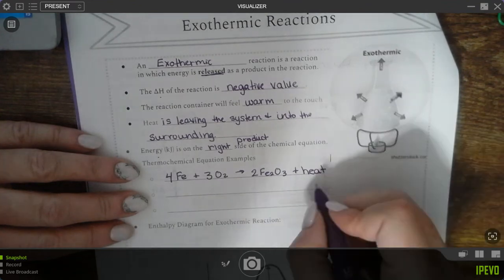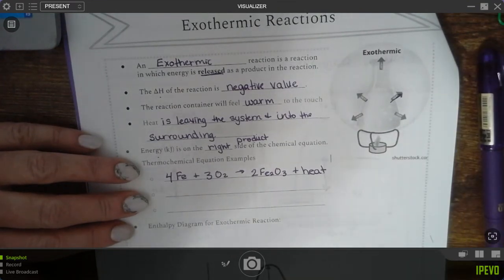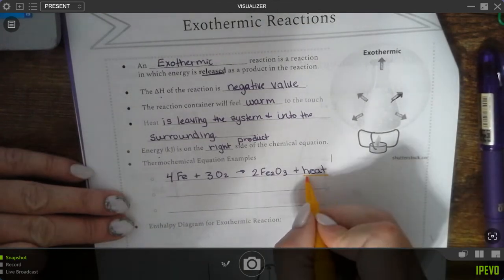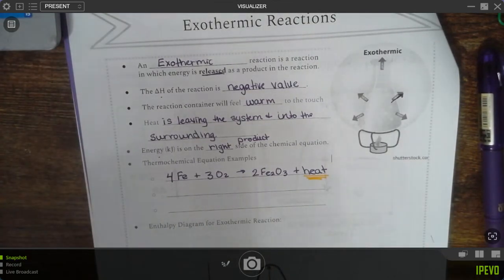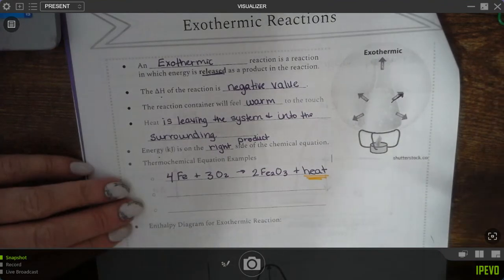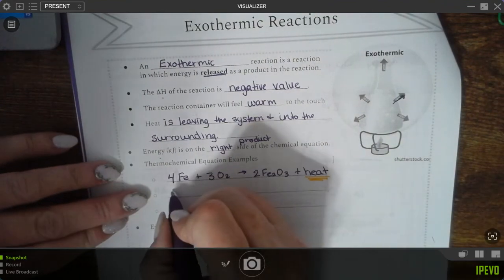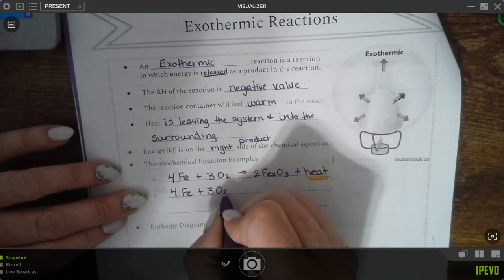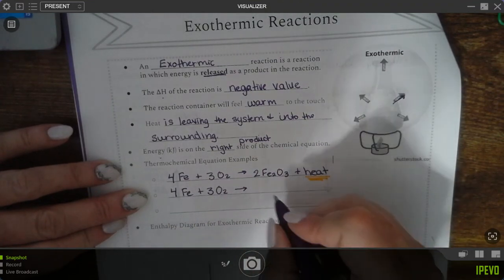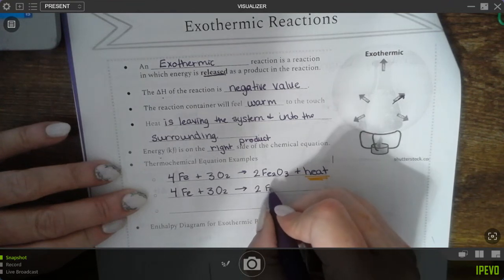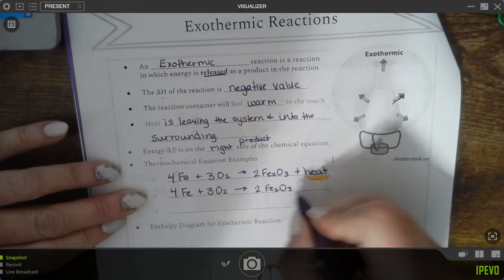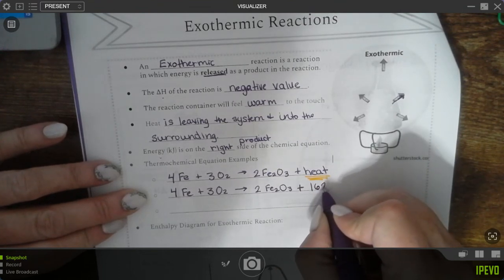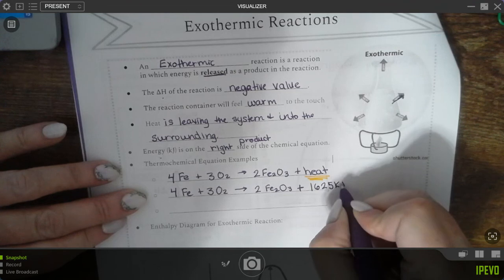Just the fact that that heat is on the right side of the equation tells us that it's exothermic. We also might see this written as the same reaction, just a different way of representing the heat. We might see it as a number, a specific amount of heat in kilojoules.